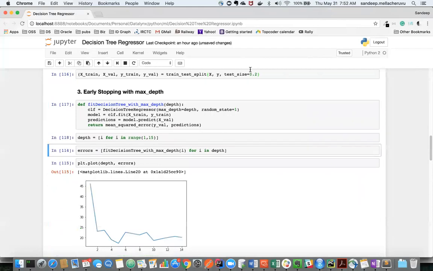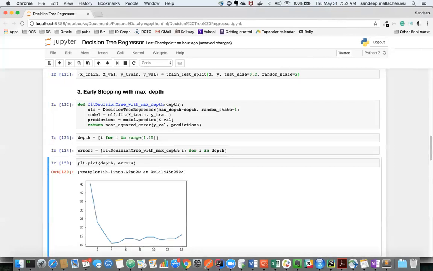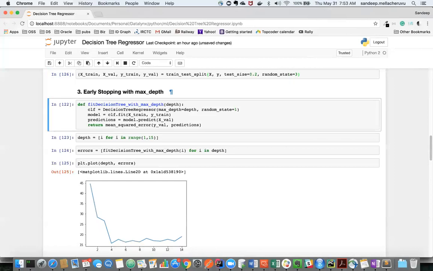Somehow it's not changing, right? Okay, don't worry about it. Let me give you random state equal to 2. I'm forcefully changing the random state, which means I'm going to get a different training data set. So I'm going to train the model on a different data set. If I change the random state from 2 to 3, I get a slightly different model.